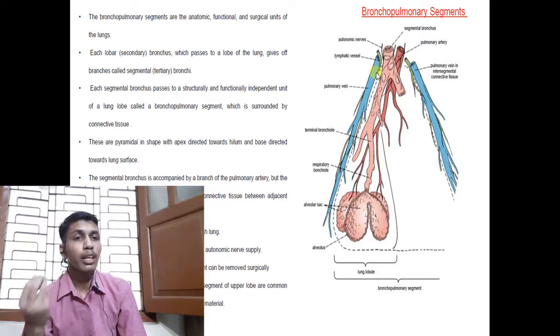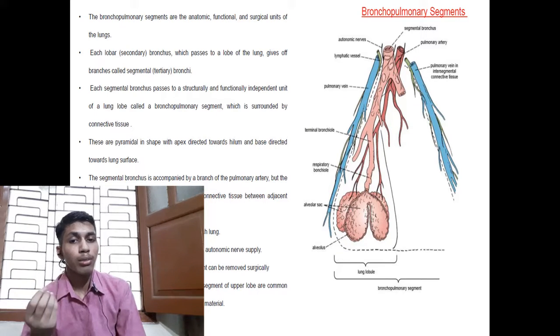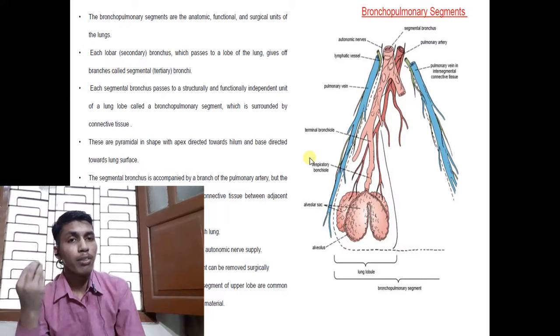So basically we study that the bronchopulmonary segments are 10 in number, whether in the right lung or the left lung. In spite of the difference in the fissures and the lobes of the two lungs, the bronchopulmonary segment number remains the same, that is 10.